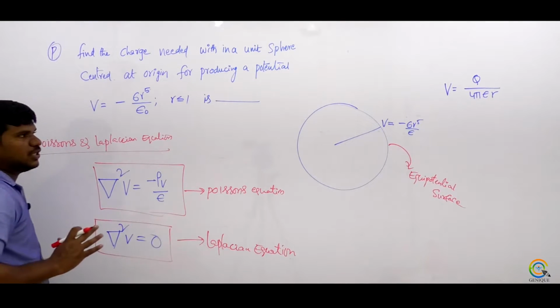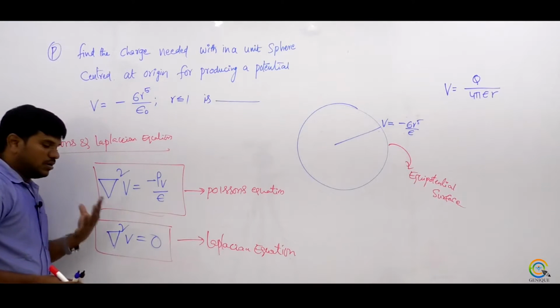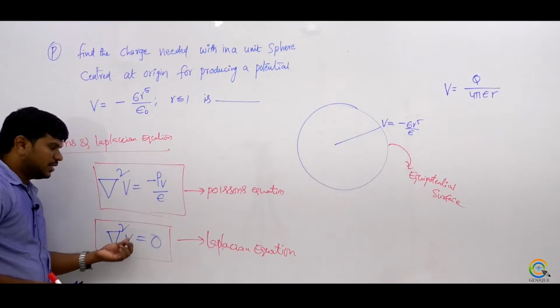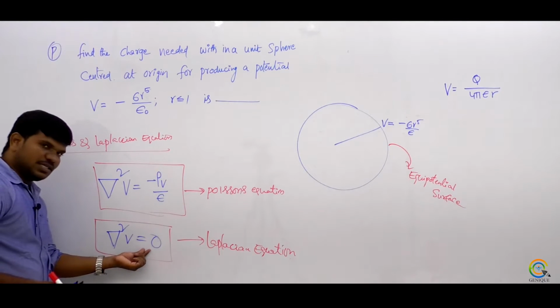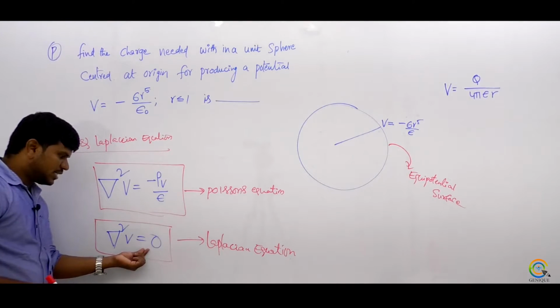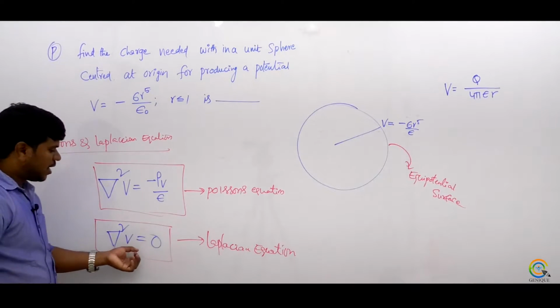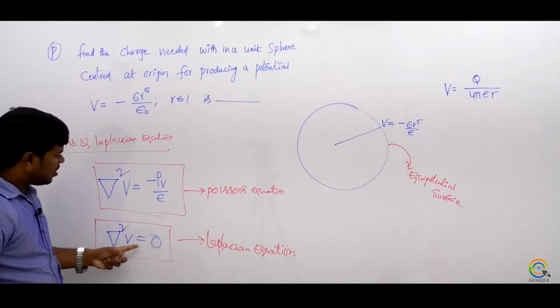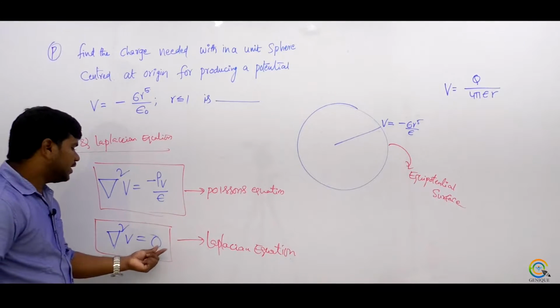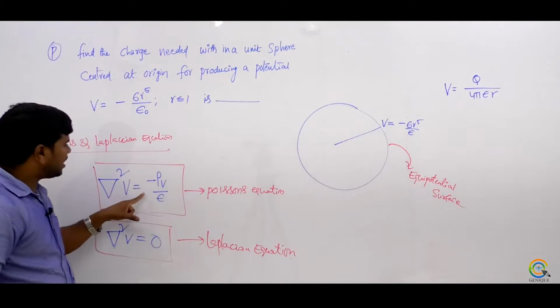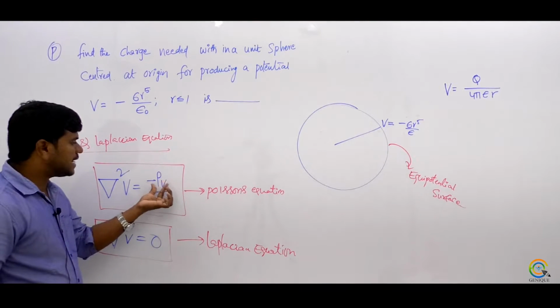These are the two equations. If you use the Laplace equation, can we find the charge? No, because only del square V is there, equal to 0. There is no charge term here. But in del square V equals minus rho V by epsilon, the charge density is there.